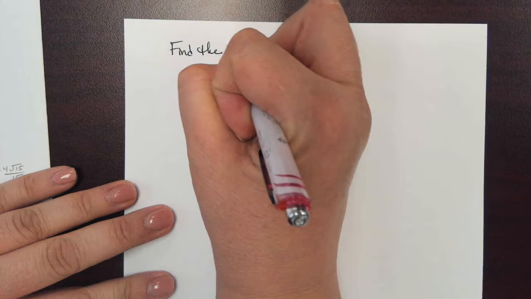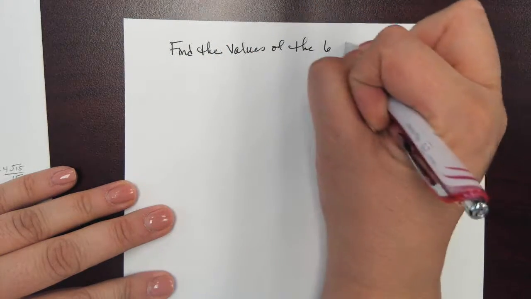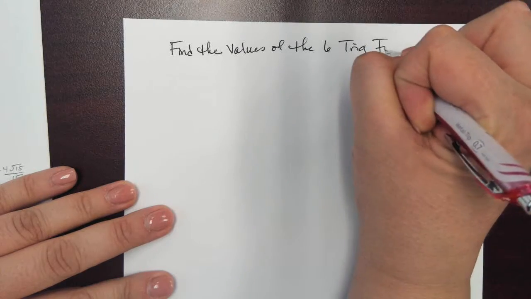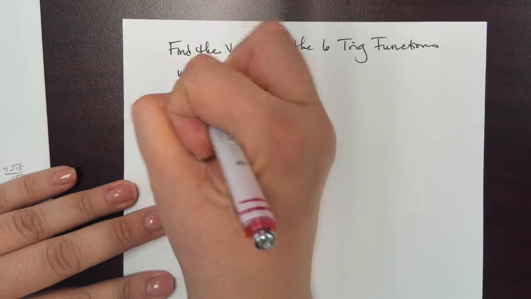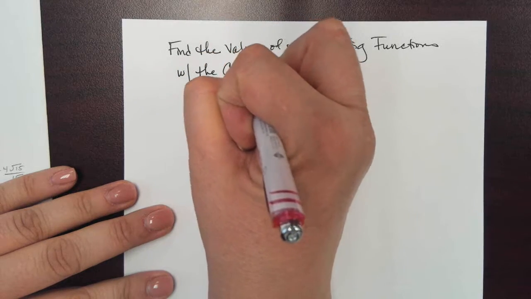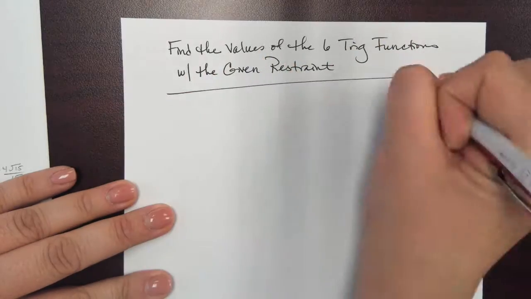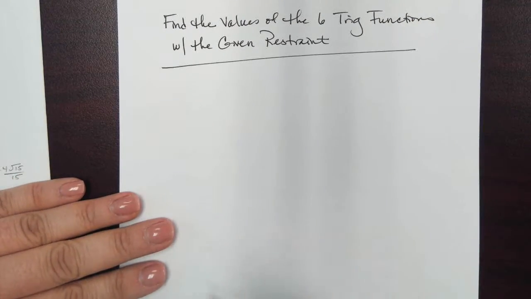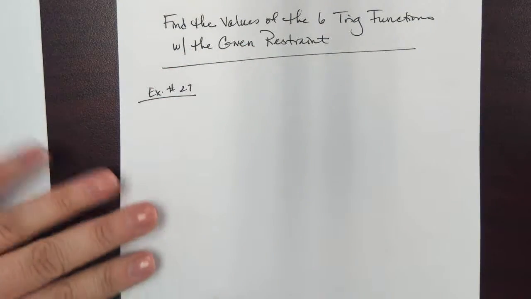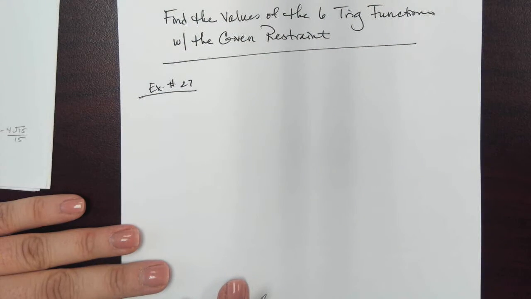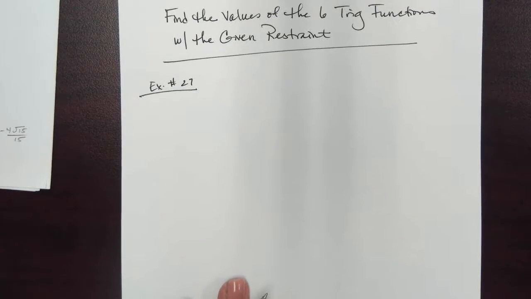Find the values of the 6 trig functions with the given constraint. So this is example number 27, and number 27 gives us the following information.